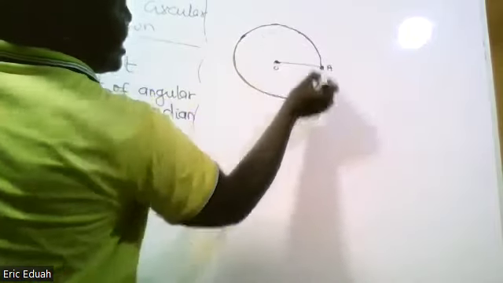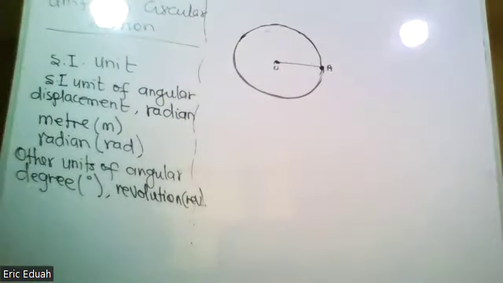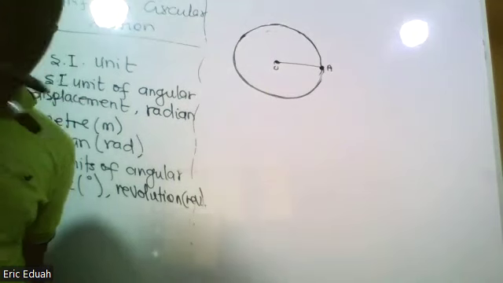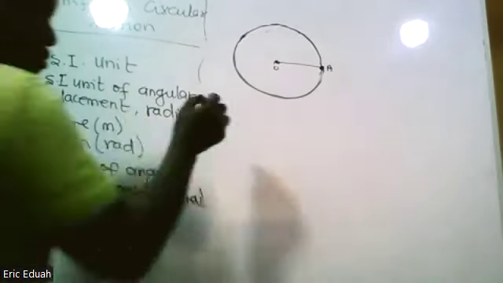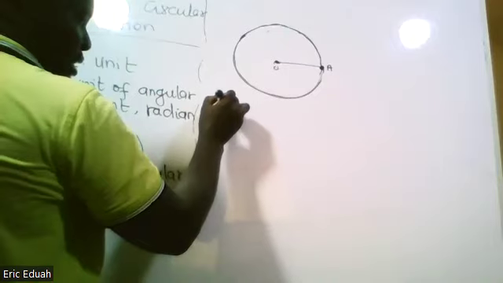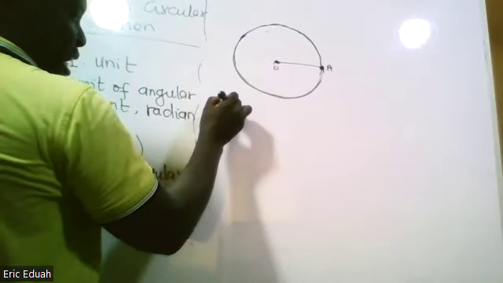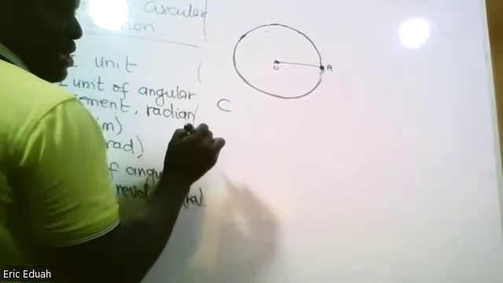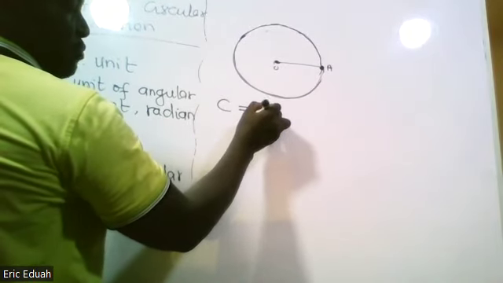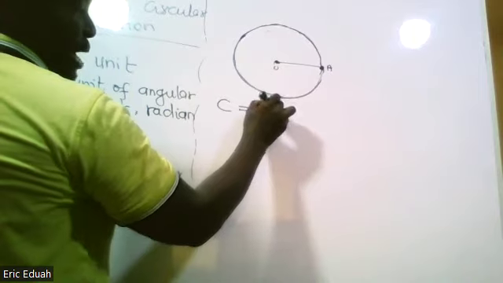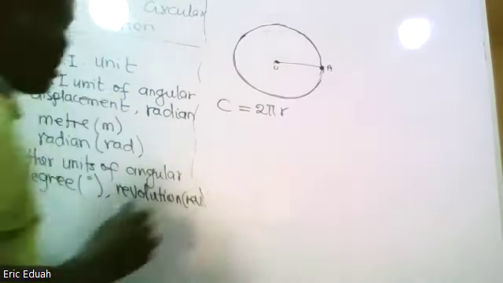The circumference. Good. How do you calculate the circumference of a circle? C is equal to 2 pi r.